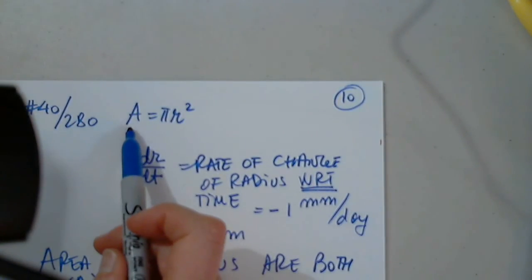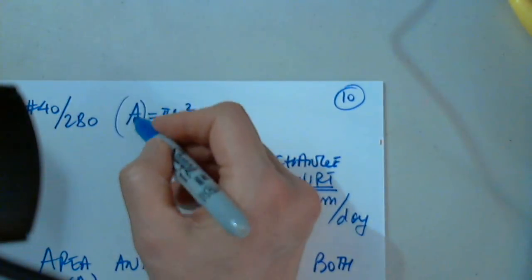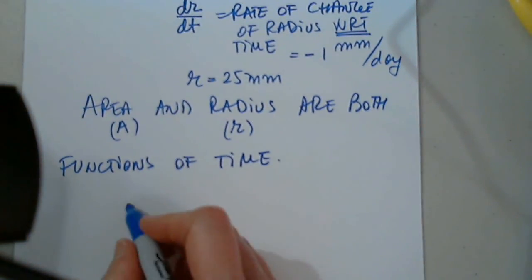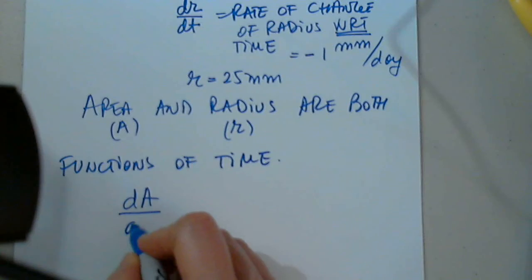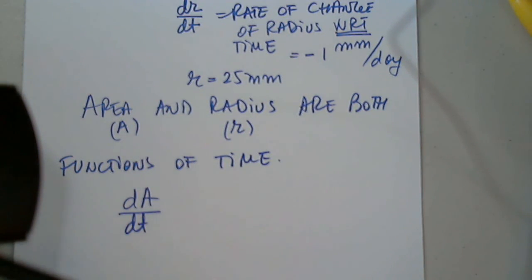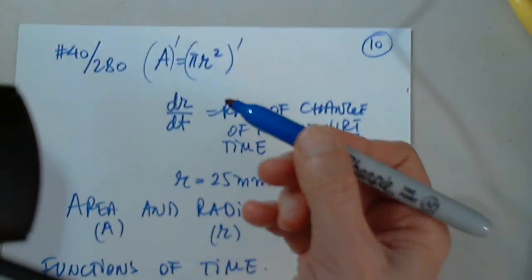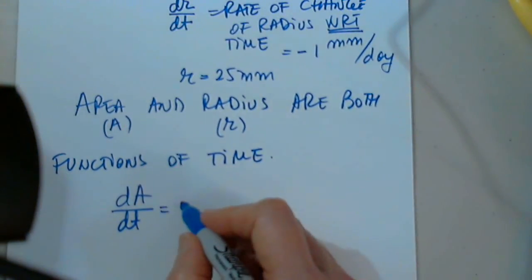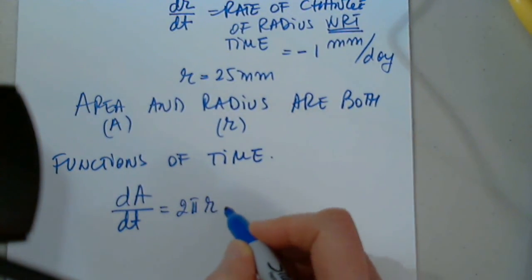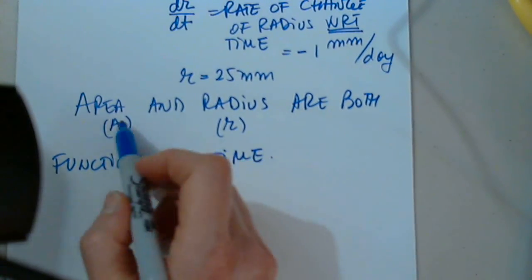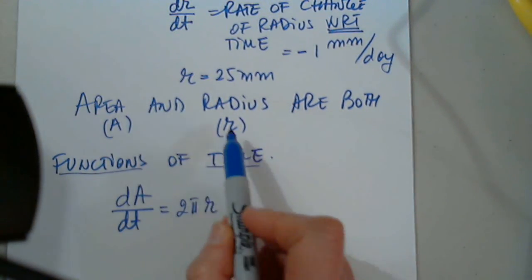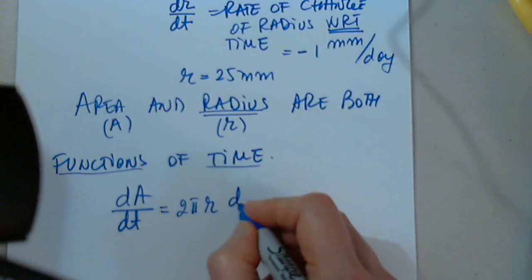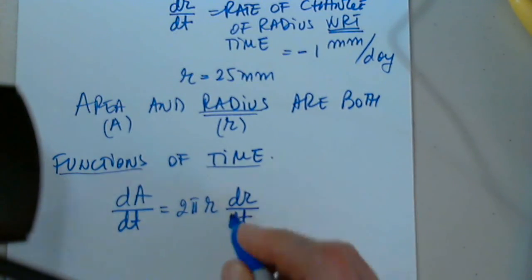So when I differentiate the left-hand side, I get dA over dt. I know you're tempted to write A prime, don't. The right-hand side, I bring 2 down, so I have 2 pi times r, but this is a function of time, radius, dr over dt.